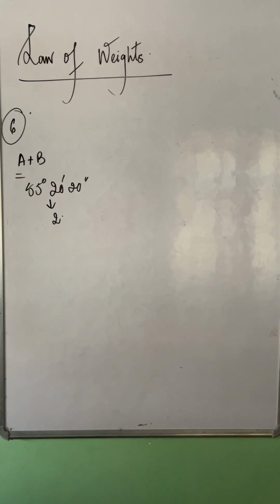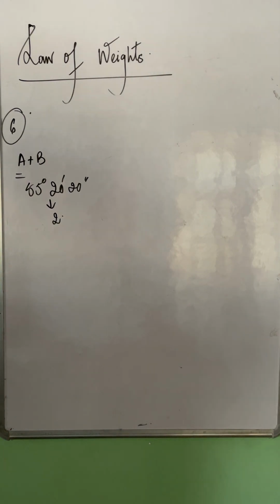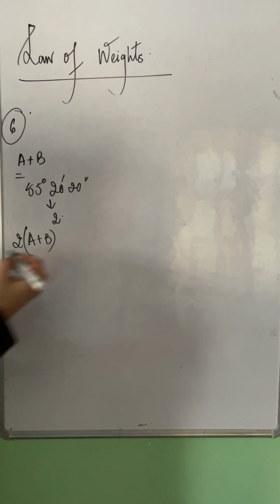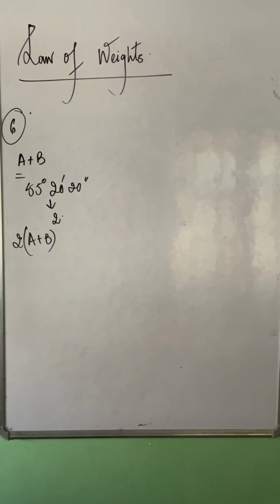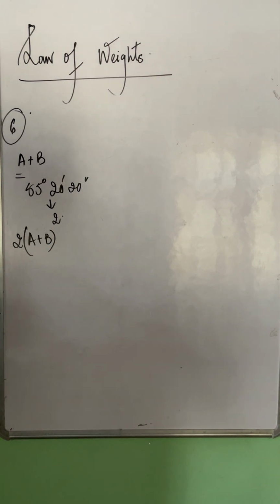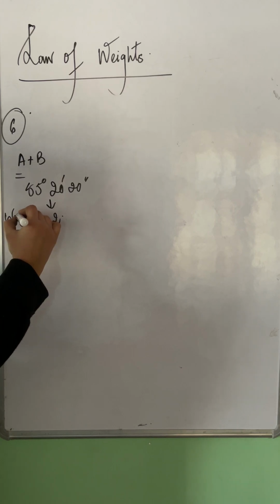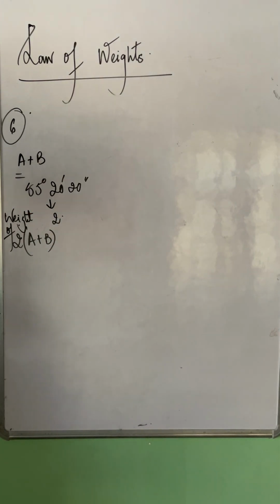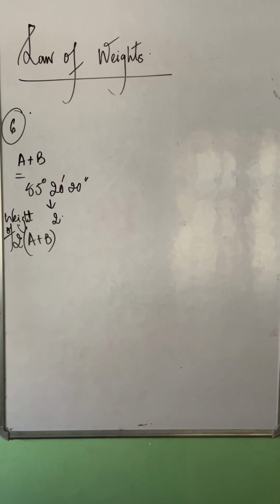Now, if we multiply this equation by its own weight, twice A plus B, what will be its weight? What does the law say? If an equation is multiplied by its own weight, the weight of the resulting equation is equal to the reciprocal of the weight of that equation.